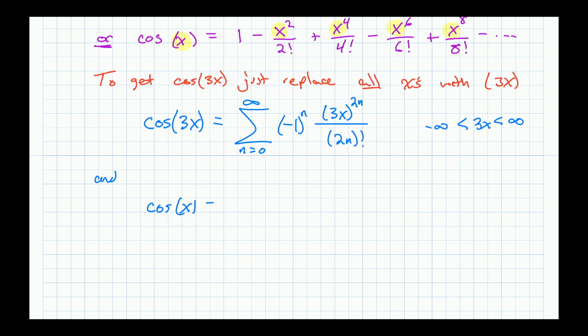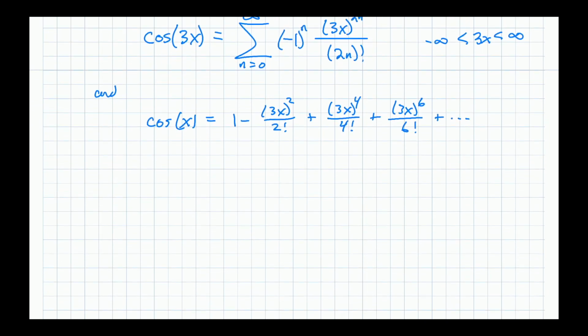If you do that, you're going to get 1 minus 3x squared over 2 factorial plus 3x to the 4th over 4 factorial plus 3x to the 6th over 6 factorial plus dot dot dot.